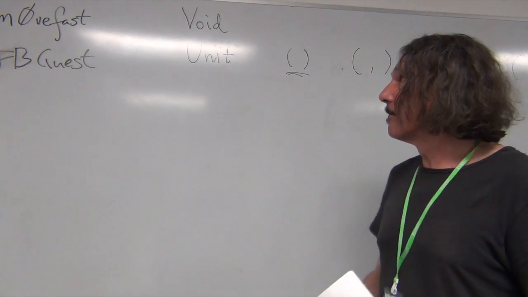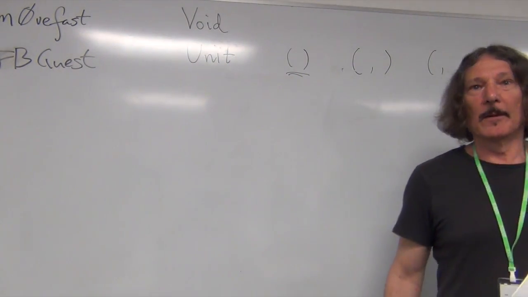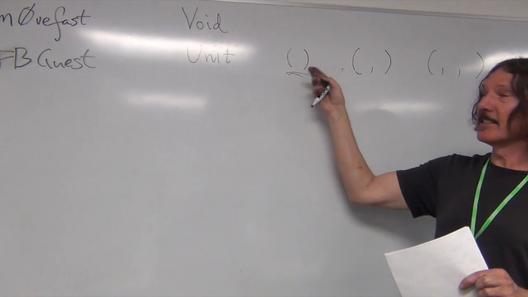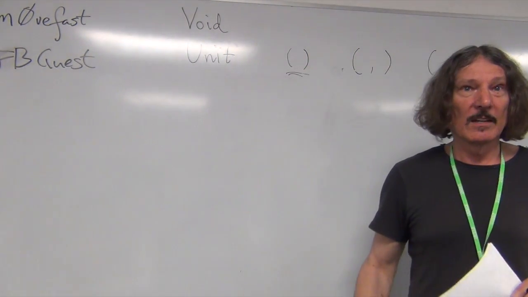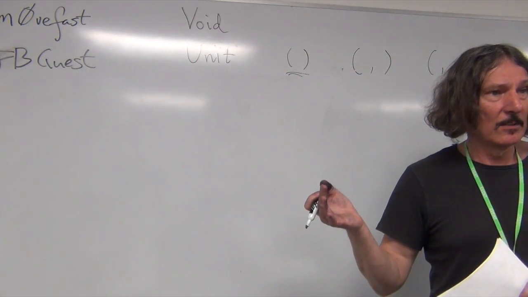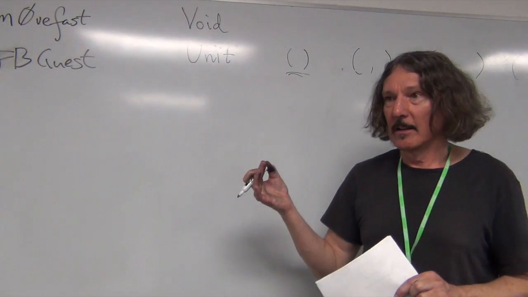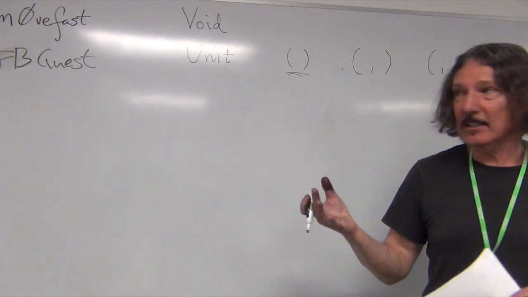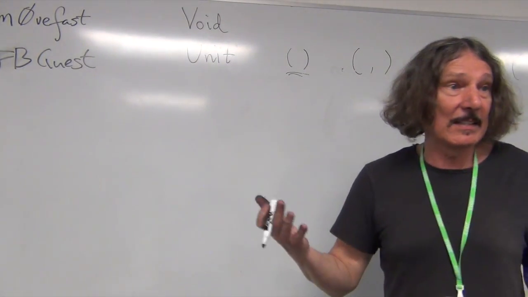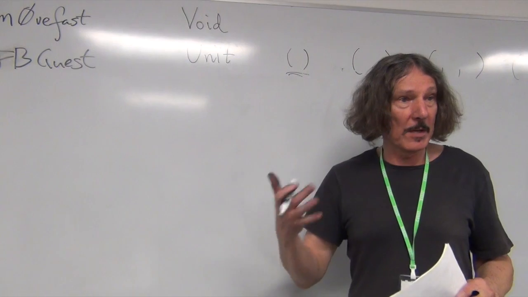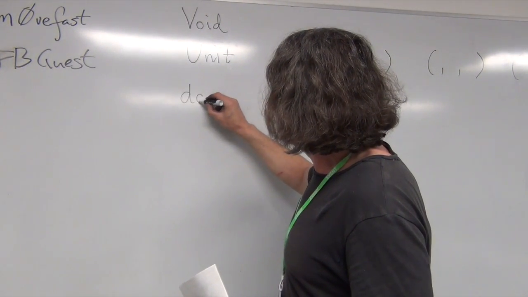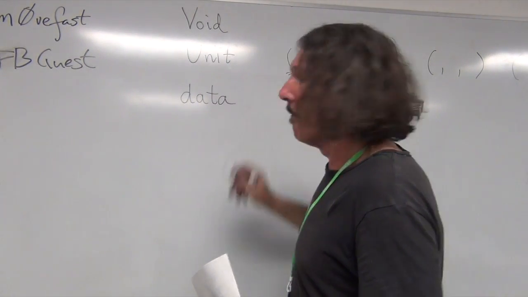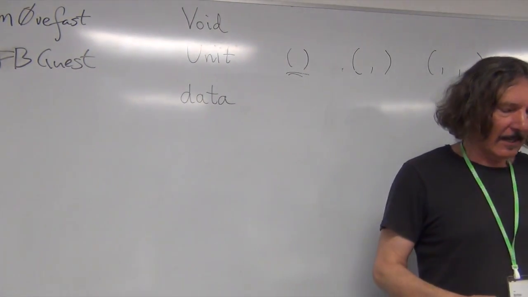So now let's talk about how we would declare this type. It is actually built into Haskell, but it doesn't have to be, it's just syntactic sugar for something that's a data declaration. When you create a new type, you declare it by saying data. That's the keyword data.